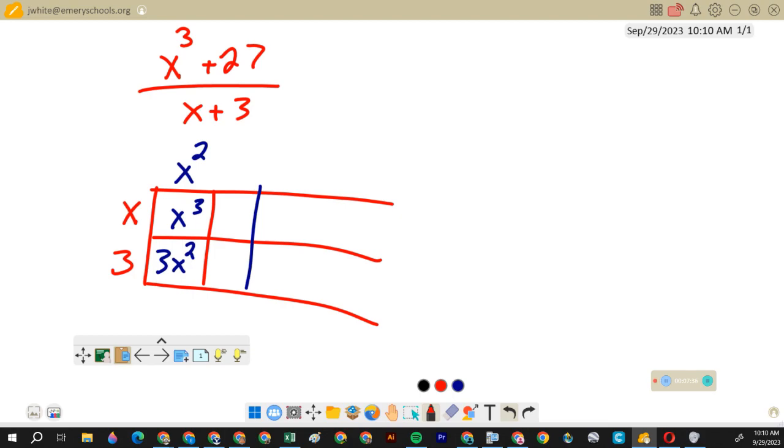Now what? What do these two squares need to add to be? 27? 0. Why 0?